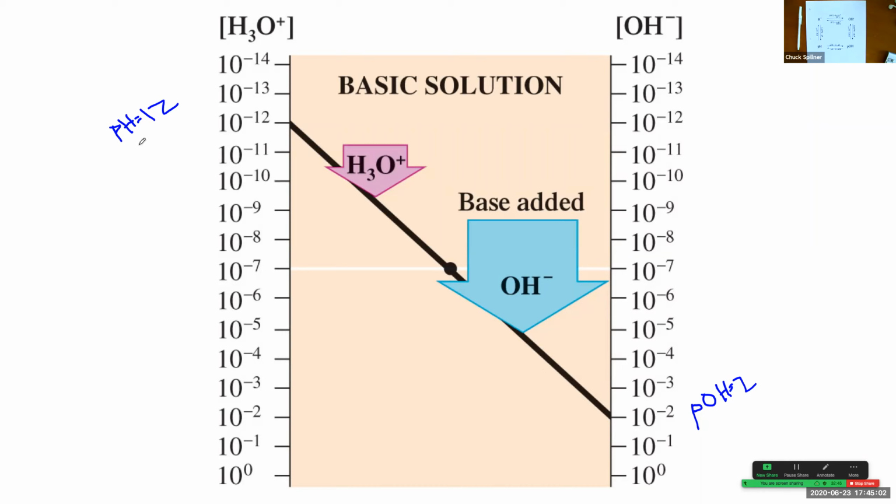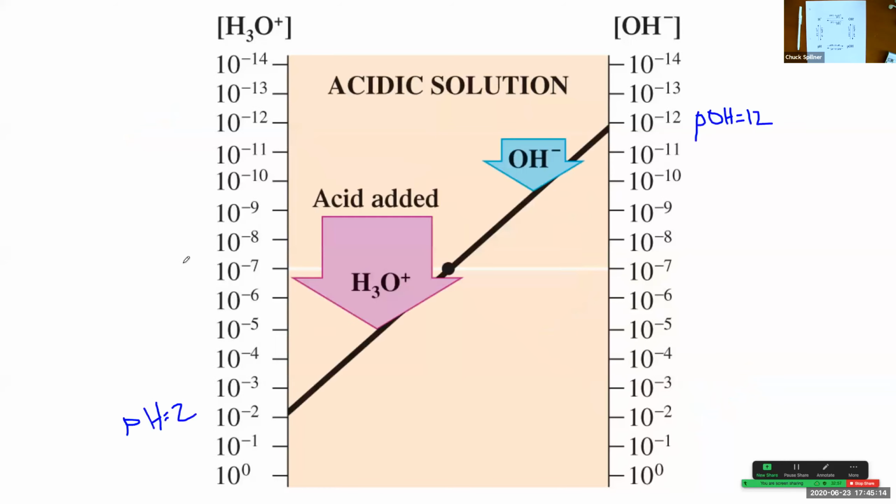We can say that the pH is greater than 7, or the pOH is less than 7. Previously, we described an acidic solution: the pH is less than 7, or pOH is greater than 7.